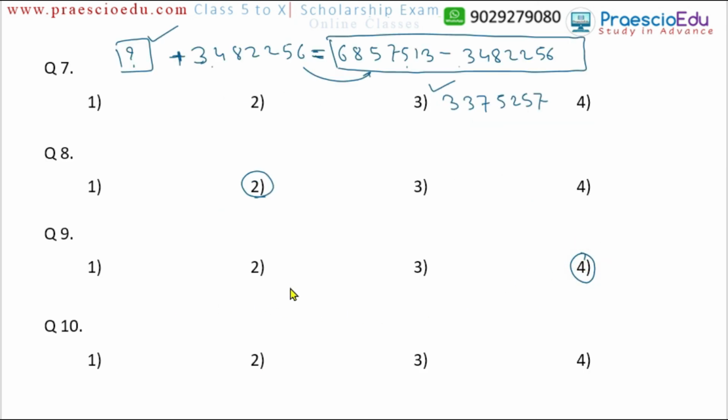Now question number 10. So here boxes are shown, okay, minus, here circles are shown, and in the result these triangles are shown. Okay, so these digits are the same. Means this unknown digit at the square is different, the unknown digit at the circle is different, and this triangle is different.